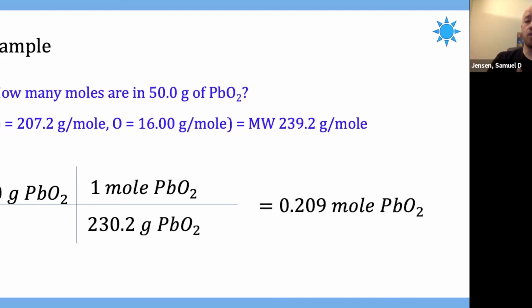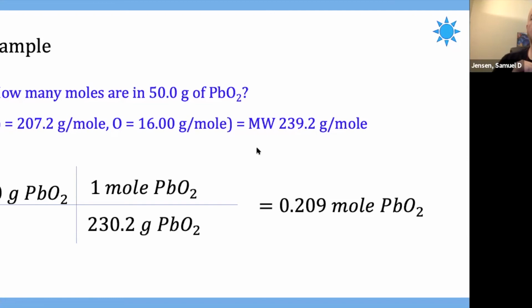Then you would put those together and get the total molecular weight for the lead oxide as 239. Again, there are 2 oxygens, so there are 2 of those, and then the lead. Now I have 50 grams of lead oxide and the molecular weight for the lead oxide.